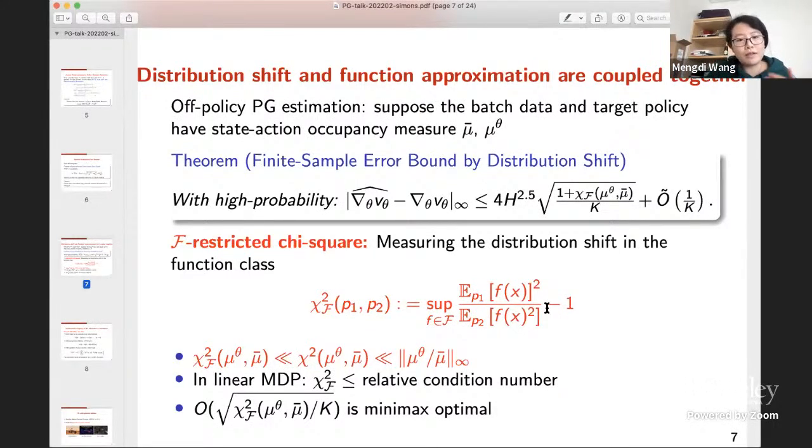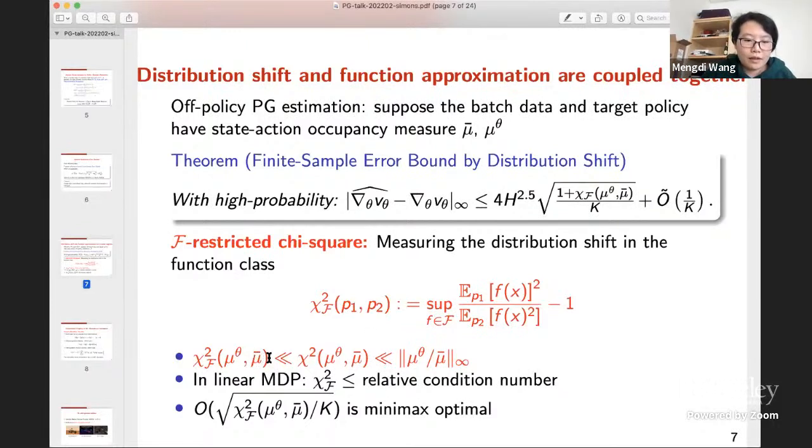However, because this divergence is defined by taking the sup over a function class rather than over the entire L infinity ball, it can be very small if the function class can annihilate distribution shift. In other words, the fundamental statistical error of off-policy estimation is determined by how distribution shift and our function class are coupled together.